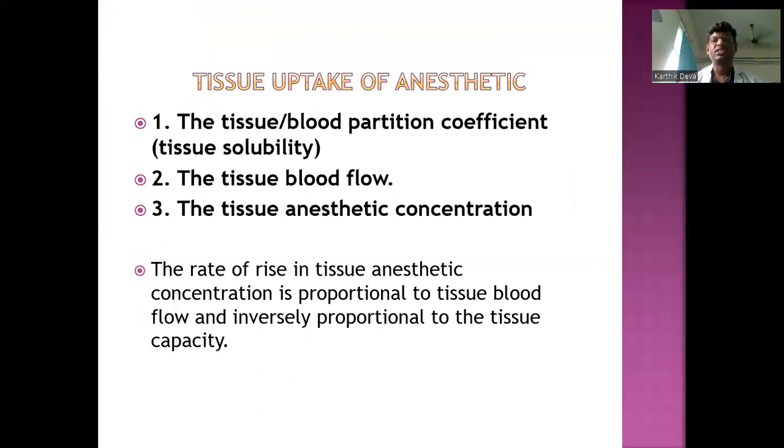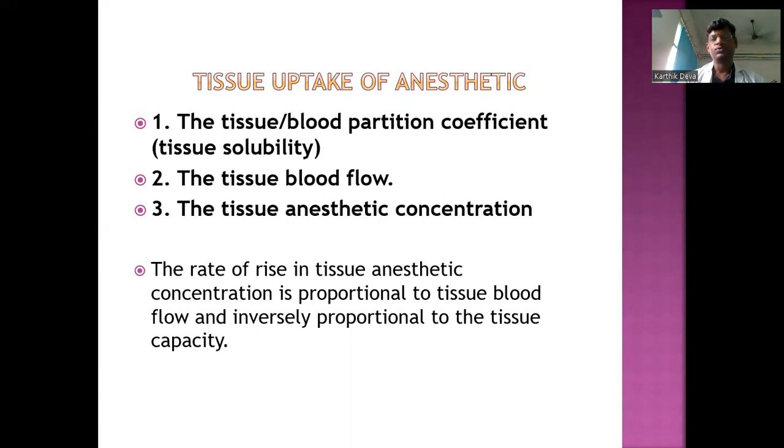Tissue uptake of anesthetics. The tissue blood partition coefficient, tissue blood flow, and the tissue anesthetic concentration. These 3 points are the factors which affect the tissue uptake of anesthetics from the arterial blood. The rate of rise of inhalation anesthetic agents in the tissue: concentration is proportional to tissue blood flow and inversely proportional to the tissue capacity.